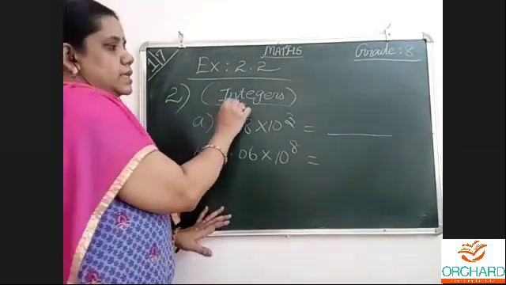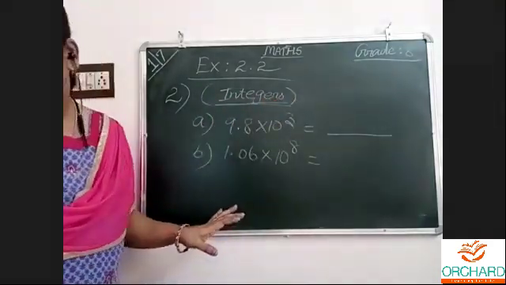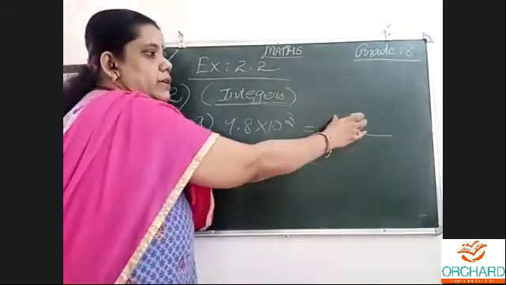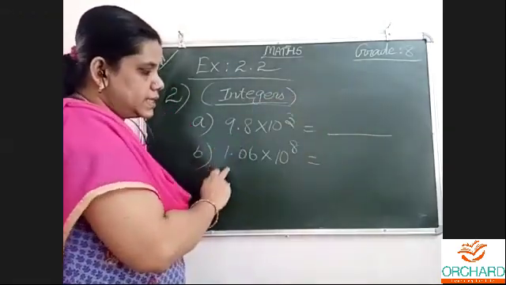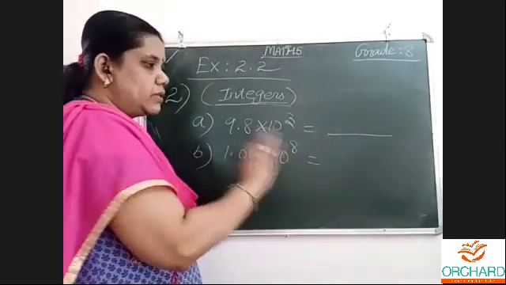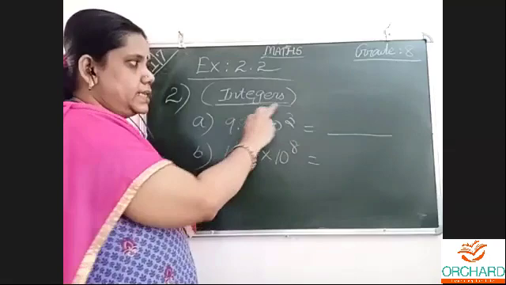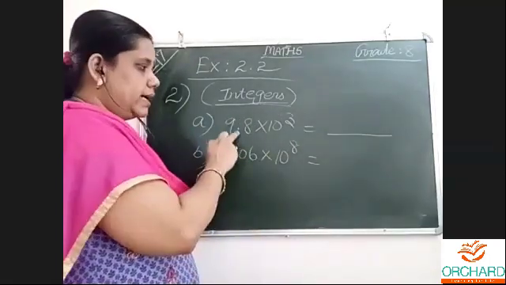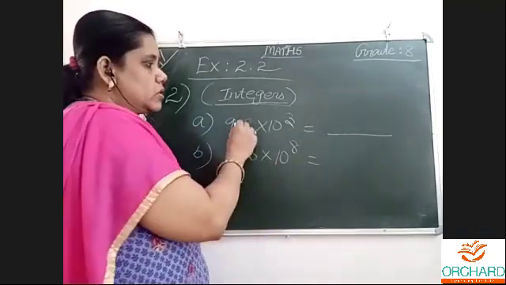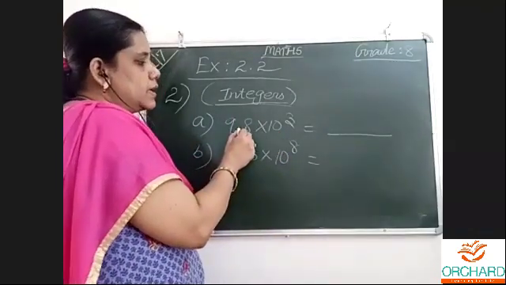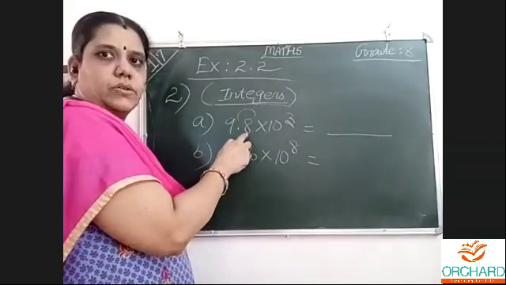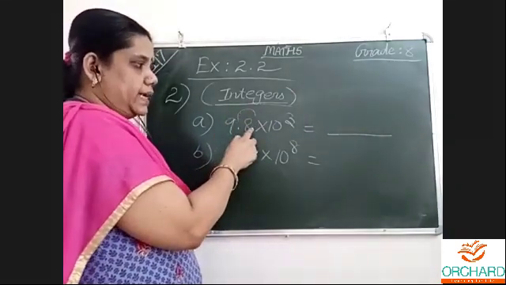Listen, ma. This is to write the number as integers. Express the following as integer. Integer means without any point. This is decimal, no? Point is there. I want to write it without the point. That is integer. Now, without the points means points must be taken out, removed. So, jumping. Here the point is moving. One number is only there. One jump only it will take.